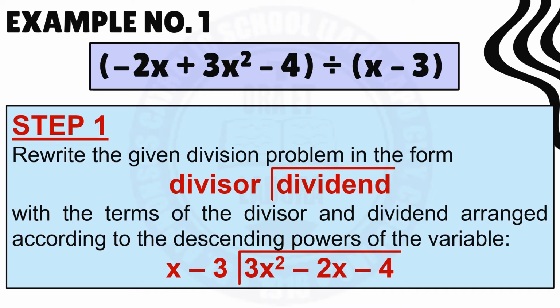As you have noticed, our dividend from the given is not written in standard form, meaning to say, the exponents are not arranged from highest to lowest. So we have to arrange it from highest to lowest. So we have here 3x squared minus 2x minus 4 divided by x minus 3.